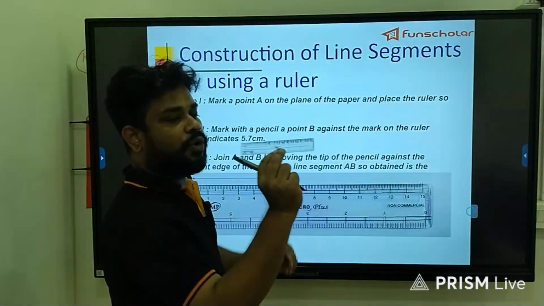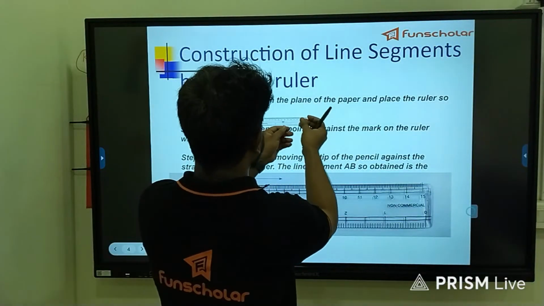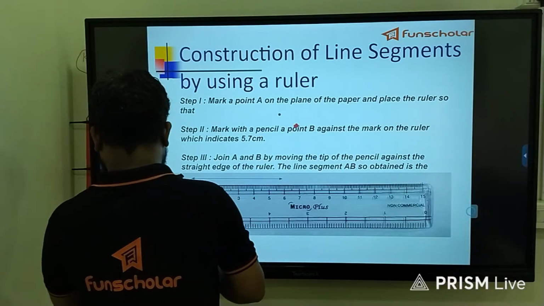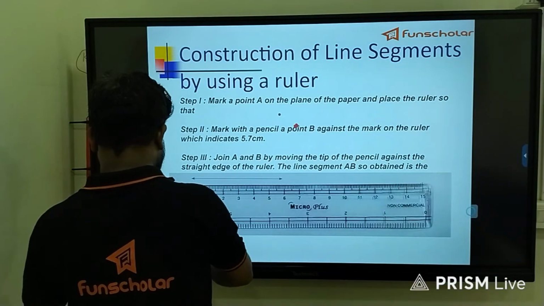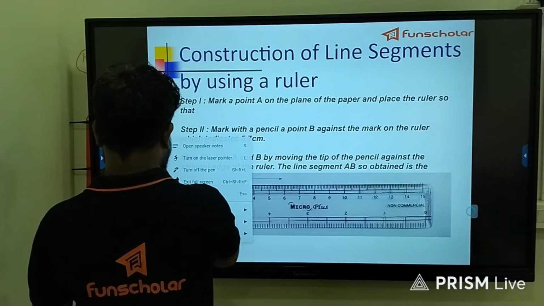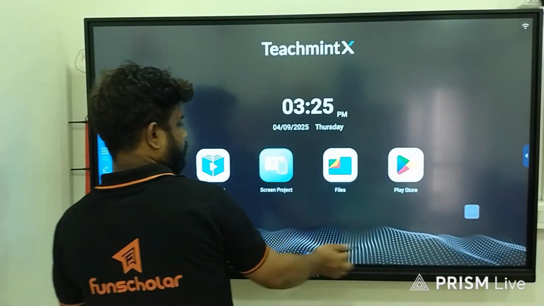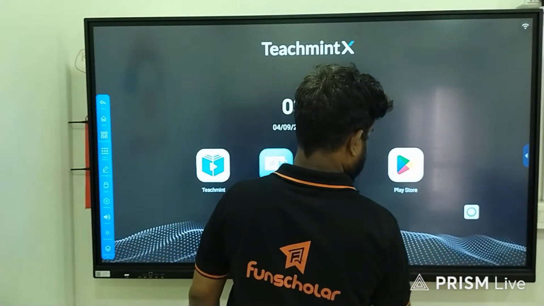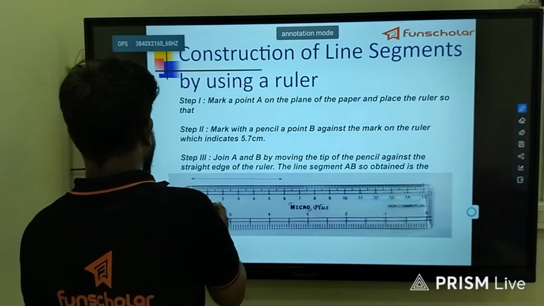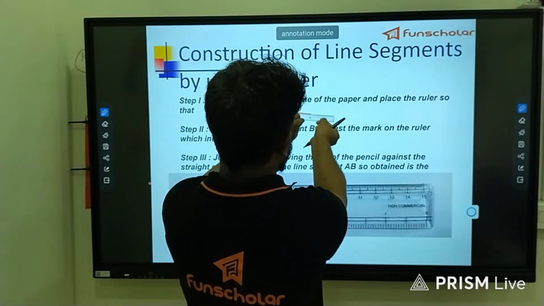Okay, I have a small scale here by which I am going to show you how you guys can draw lines. So let's start by pointing the scale here.